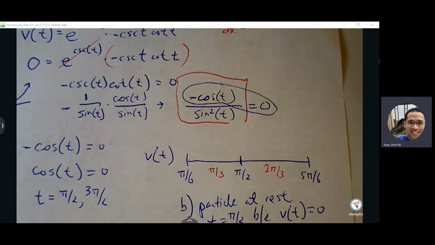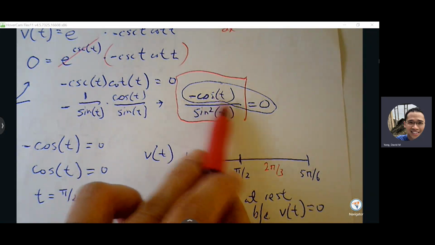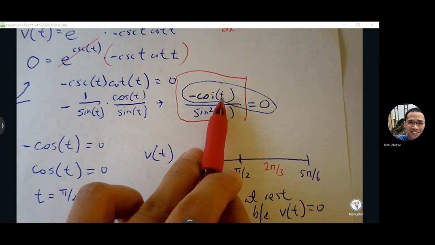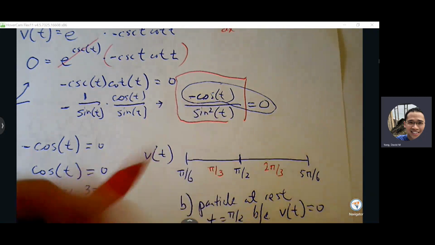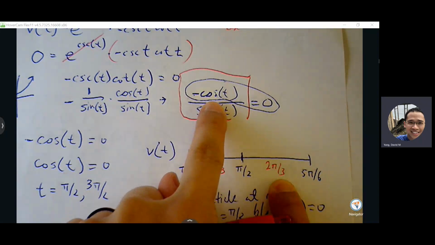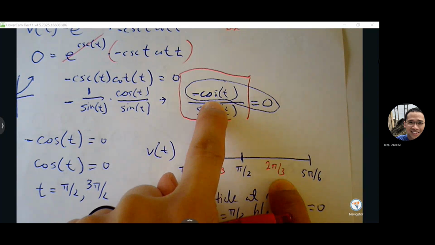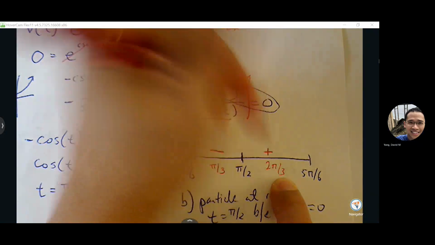So really, whatever we get from the numerator is going to be the sign of our velocity function. So pi over 3 in for cosine. Cosine of pi over 3 is positive or negative? Positive with a negative in front, so negative. Cosine of 2 pi over 3, second quadrant, cosine is negative with a negative, so it's positive.